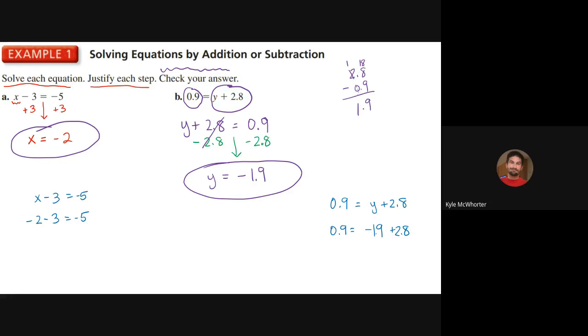We did minus 0.9. But if you do 2.8 minus 1.9, I'll borrow from there. 18 minus 9 is 9. 1 minus 1 is 0, so you get the 0.9. So our solution for A was x equals -2. Our solution for B was y equals -1.9.